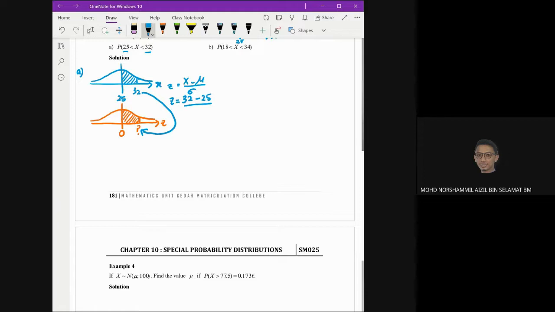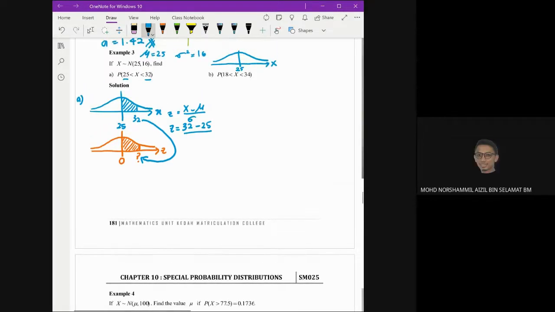Sigma is 4, your standard deviation is 4. So divided by 4, what do you get for your Z?